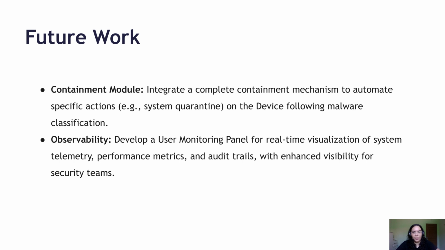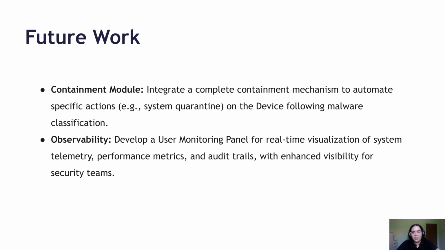Speaking of future work, we have identified two major areas for continued development. First, containment module. We plan to integrate a complete containment mechanism that can automate specific defensive actions immediately following malware classification.